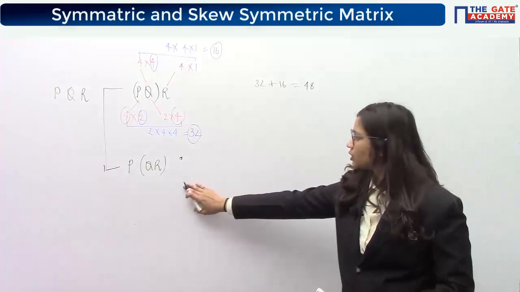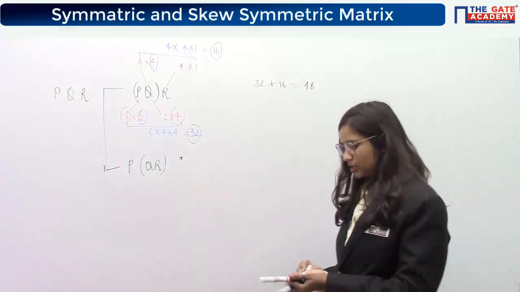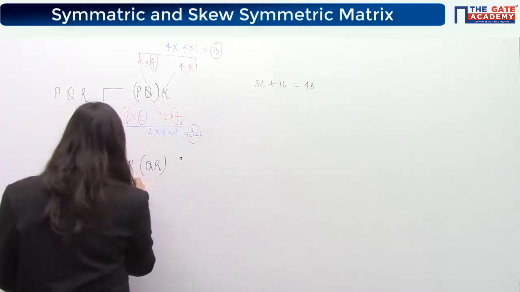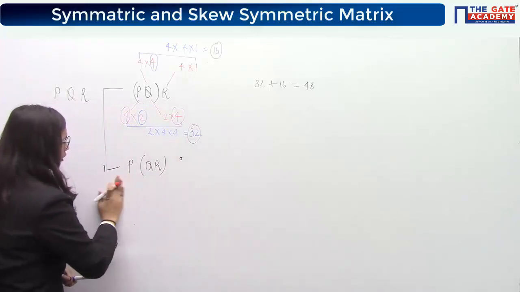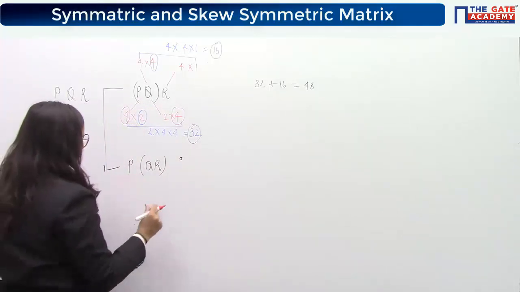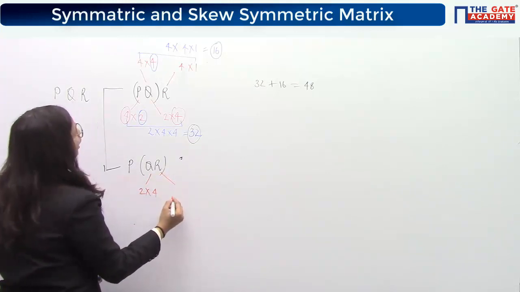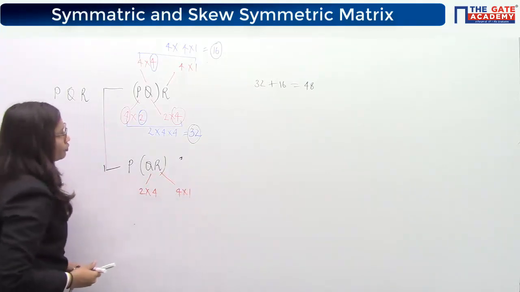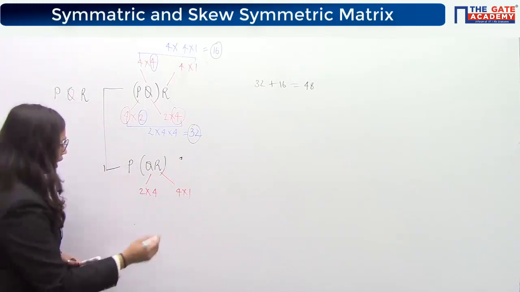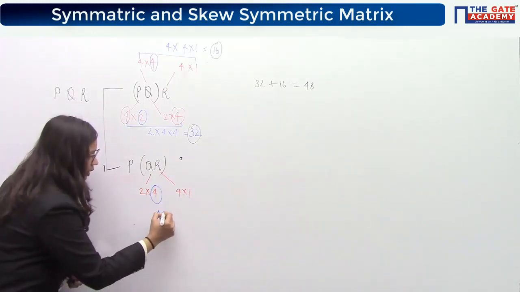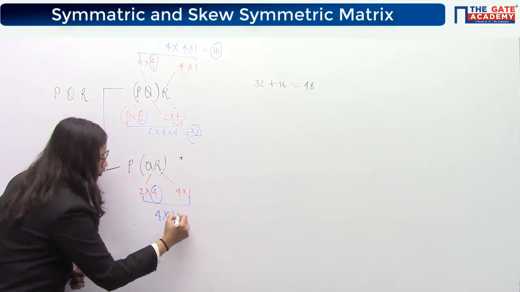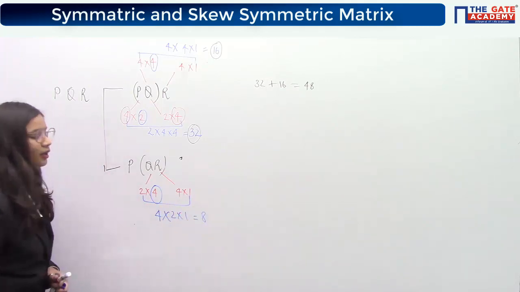Now let's come to the other way. How many multiplications are required? First of all, Q and R are multiplied. Order of Q is 2 cross 4, order of R is 4 cross 1. So for the multiplication of Q and R, the number of multiplications required is 4 into 2 into 1, simply 8.